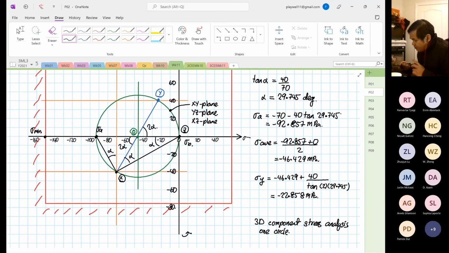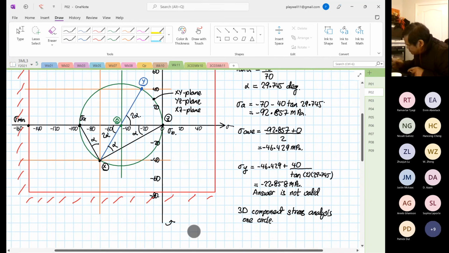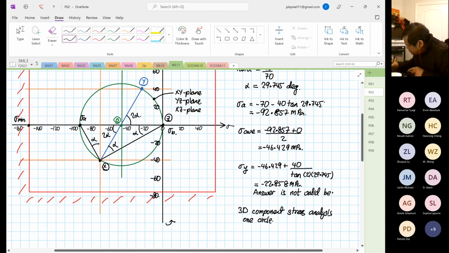But why is this answer not valid? This answer is not valid because tau max is less than 75 megapascal.